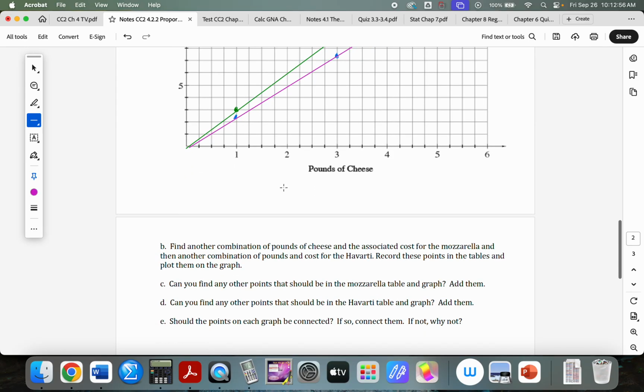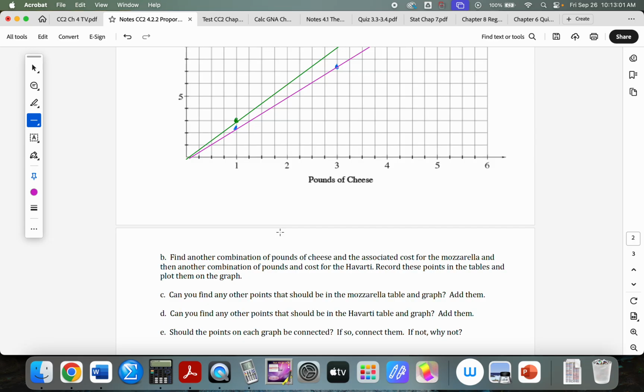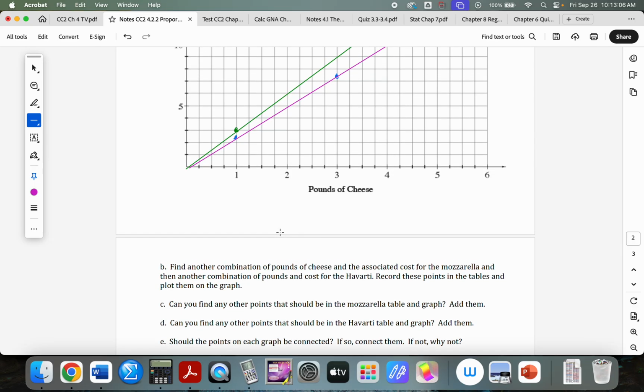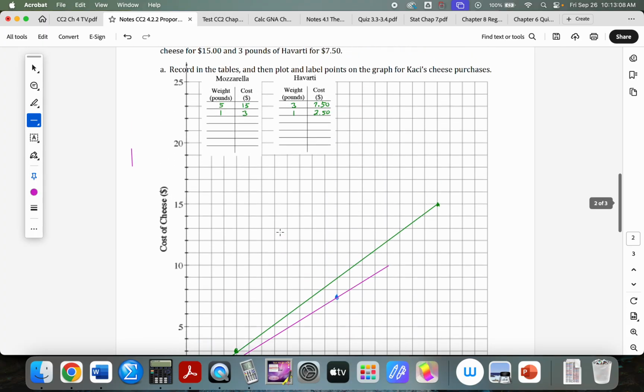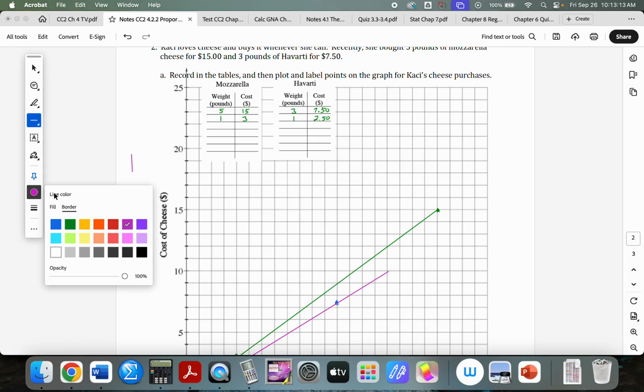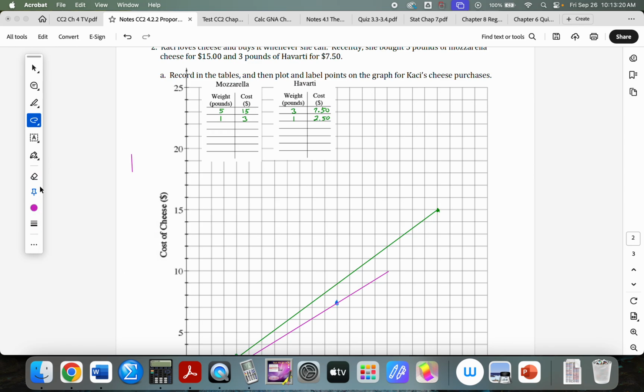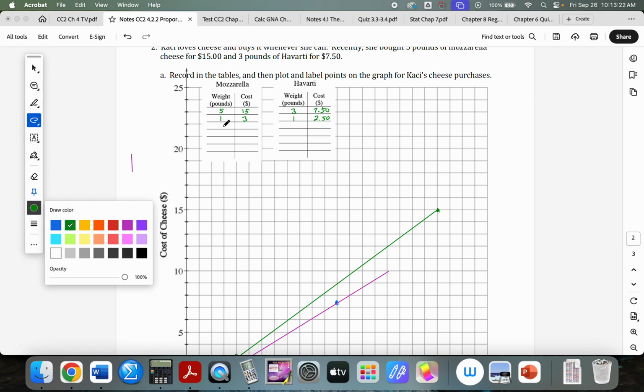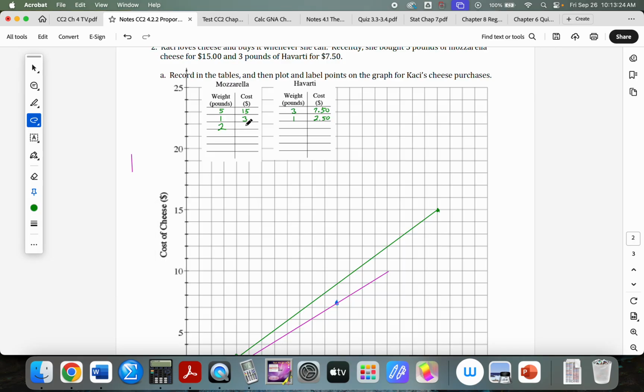All right, then for part B, it says, find another combination of pounds and cheese and the associated cost, both for mozzarella and then another one for Havarti, and plot those. All right, so if it was 2 pounds, how much is that going to cost for mozzarella? $6.